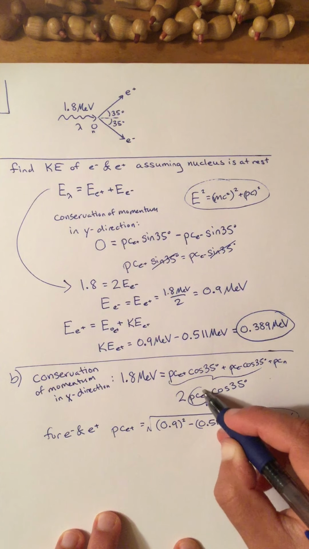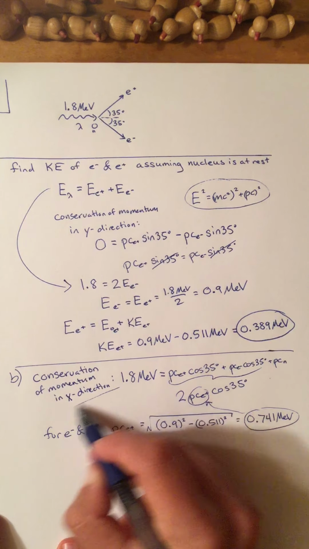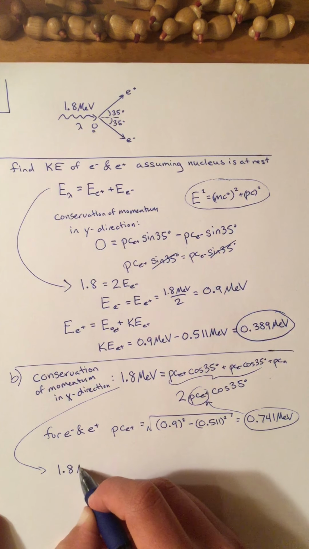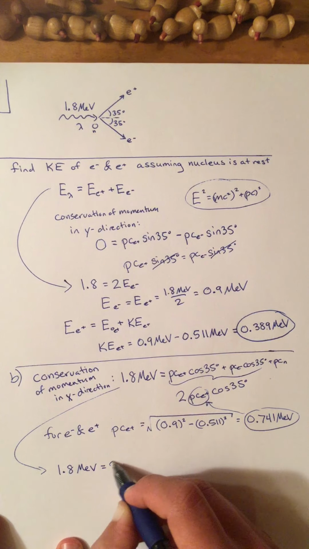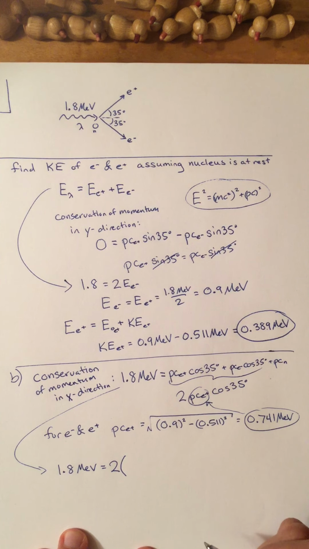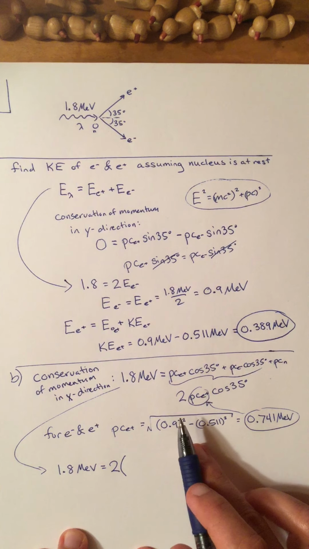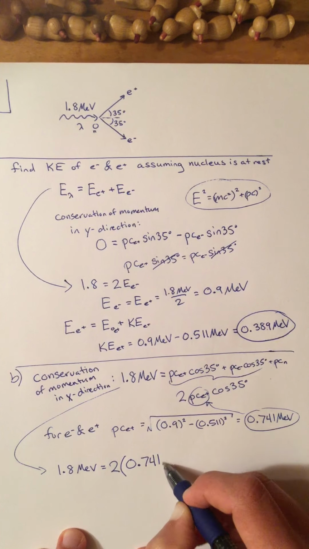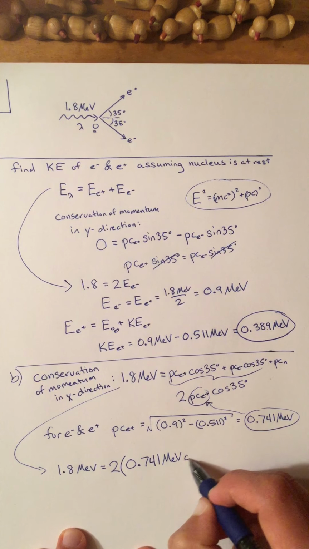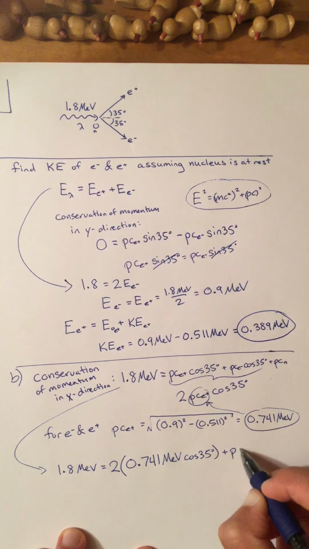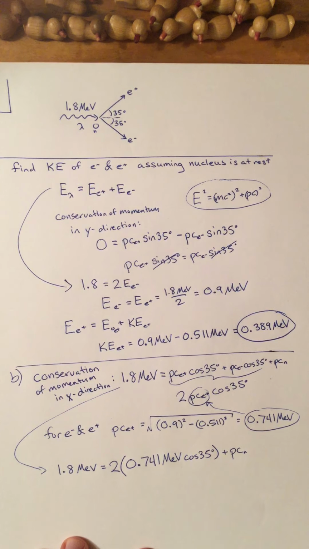So I can take this, and I can put it in here. I'm going to take this whole equation, put it down here. This is 1.8 mega electron volts is equal to 2, since I have an electron and a positron, times 0.741 mega electron volts times cosine of 35 degrees plus the momentum for the nucleus.